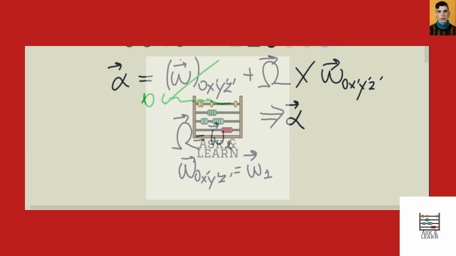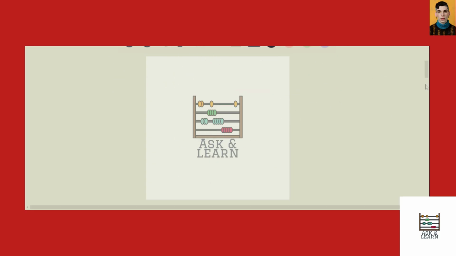So combining this, the angular acceleration is just the cross product of omega 2 times omega 1. And let's put the values now.